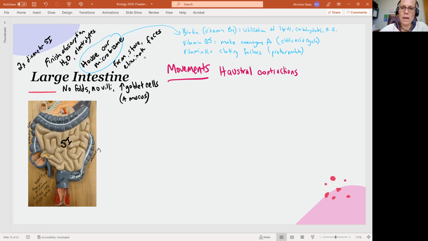When we look at the large intestine, you'll see that it's organized into these little bulges, and each one of those little bulges is a haustrum. That's the singular version of the word. And what we're talking about with the haustral contractions is the haustra contract.